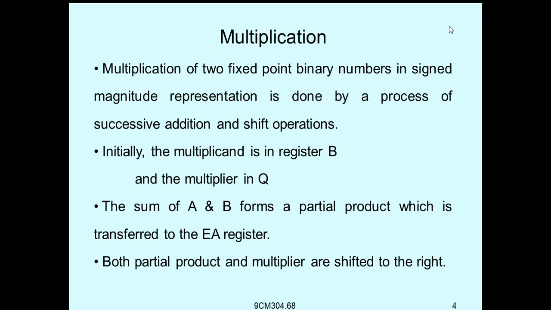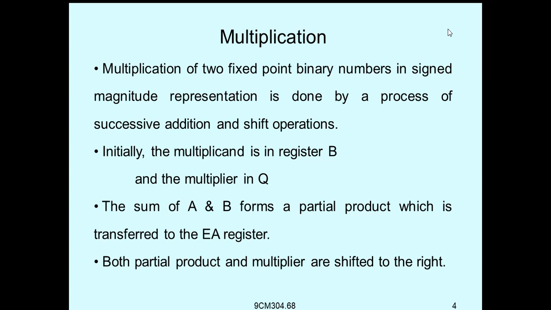But here, how can the system perform the multiplication of the two numbers? Multiplication of two fixed point binary numbers in signed magnitude representation is done by a process of successive addition and shift operations.